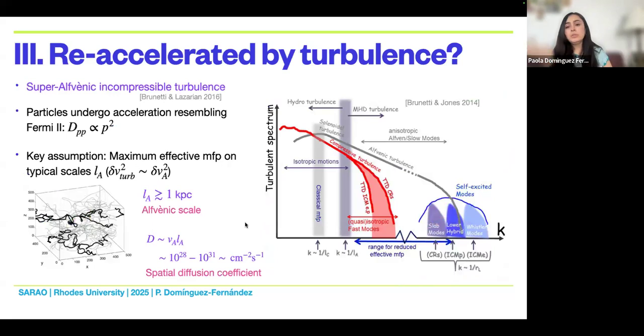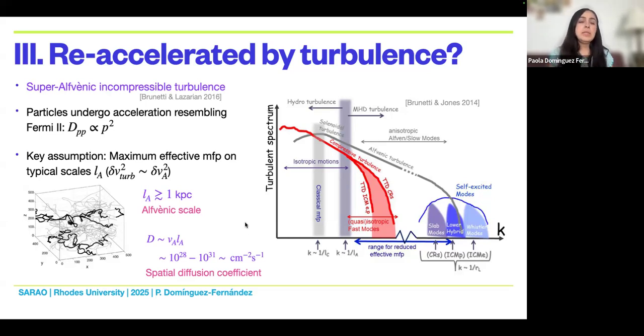Now, going back to the simulations where I just have a central AGN with a single outburst, right? The last thing that we wanted to take a look at was, what if this fossil population of electrons is being reaccelerated by turbulence? In the literature, there have been a couple of models suggested. In our simulations, we took a look at one of them, which relies on super-Alfvenic incompressible turbulence.